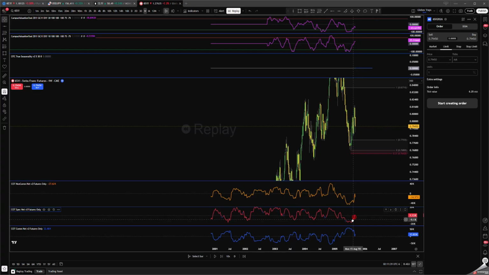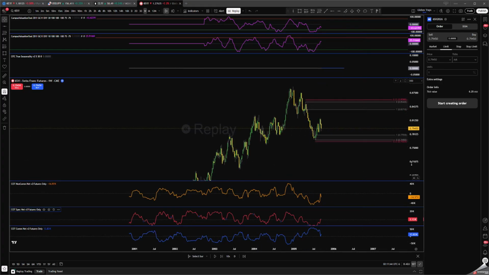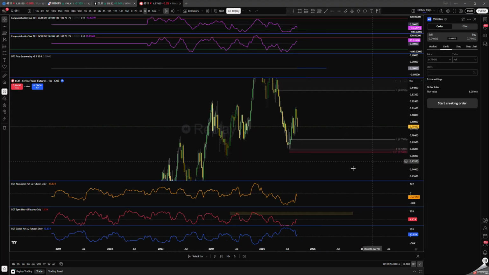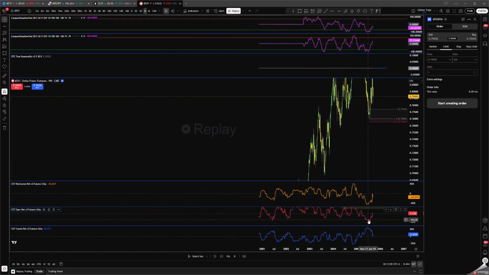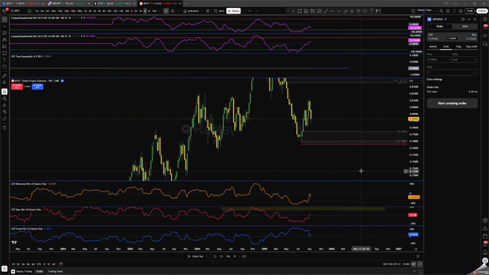And the retailers, I would like to see them at the most extreme, which is somewhere around here, and then we can have a short bias. So they're still around the mean.